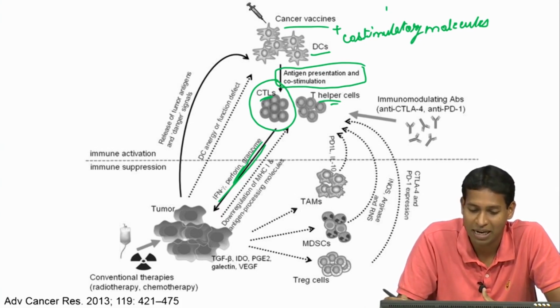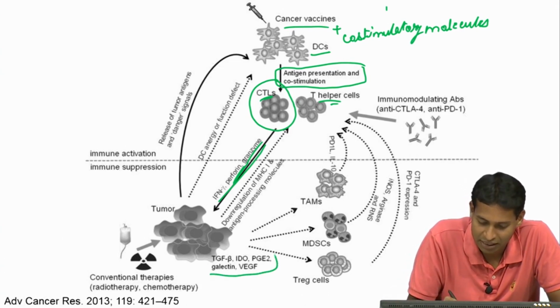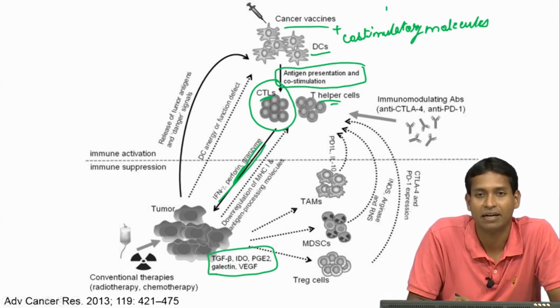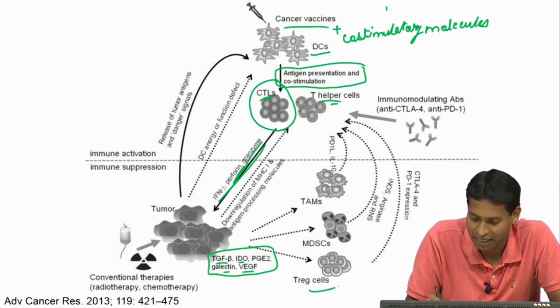However, what actually happens is, as I said, these tumors are secreting several proteins that are causing immune tolerance. So, TGF beta, IDO, VEGF, galectin are causing activation of Tregs.